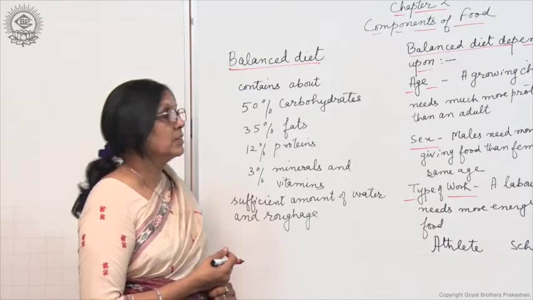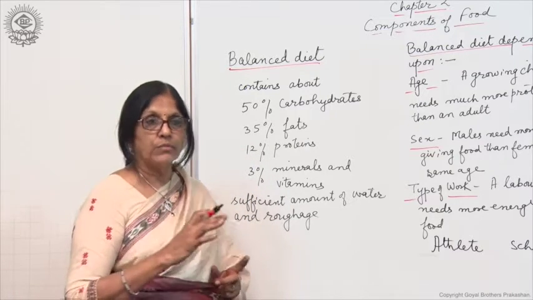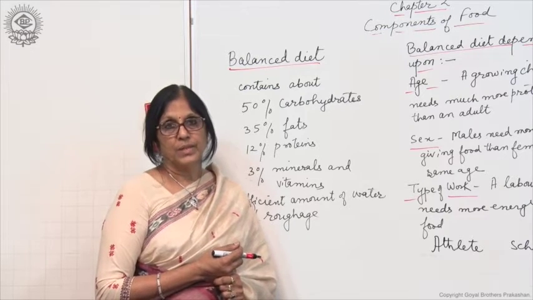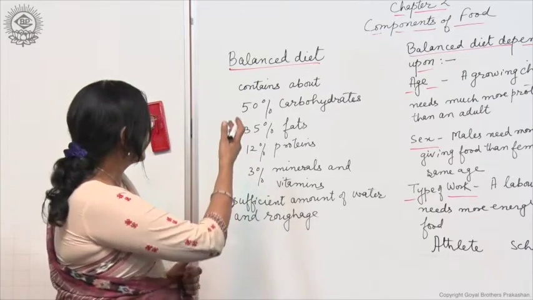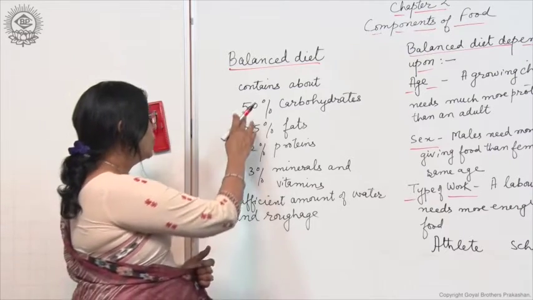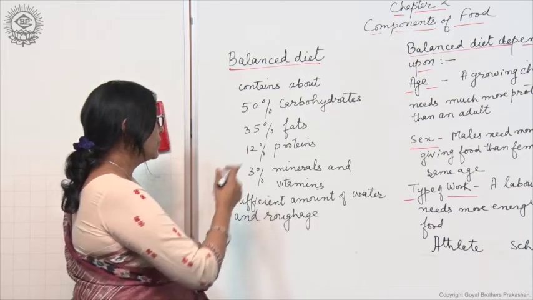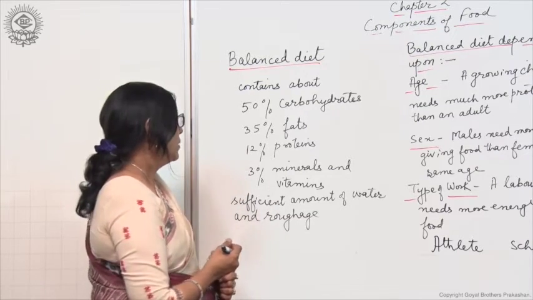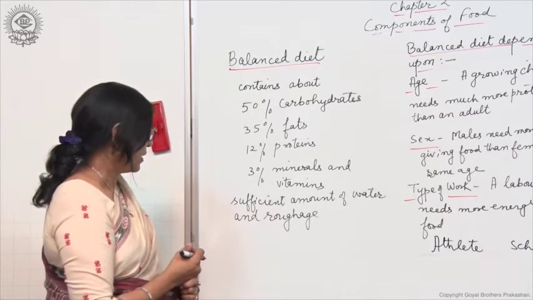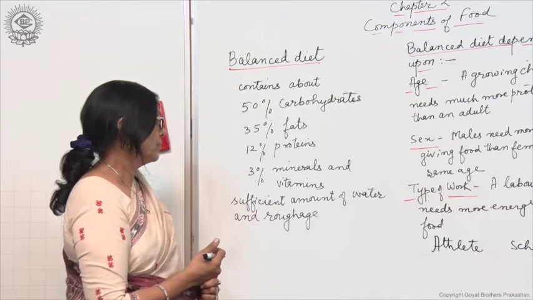A balanced diet contains balanced quantities of different kinds of nutrients in the food. Approximately, a rough estimate is given here. A balanced diet contains about 50% of carbohydrates, 35% of fats, 12% of proteins, 3% of minerals and vitamins, and a sufficient amount of water and roughage.